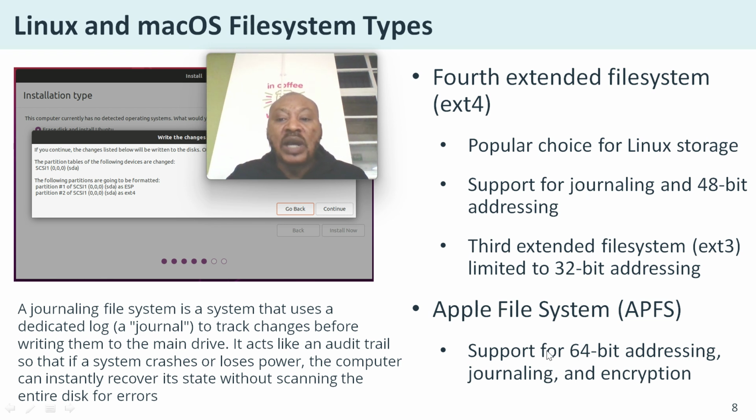Now, if you go to the Apple system, Apple has its own file system. Apple systems actually don't use ext4, right? They use their own file system. They don't use the fourth extended file system. They use the Apple file system. The Apple file system is a 64-bit addressing system, which also does journaling, and it does encryption too.